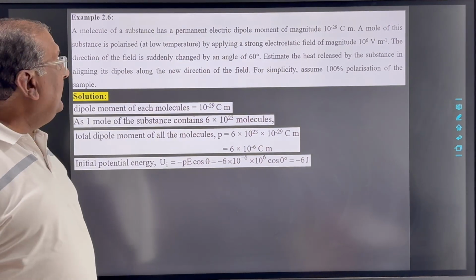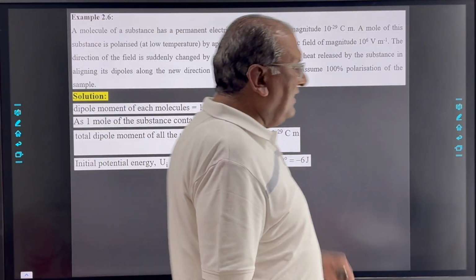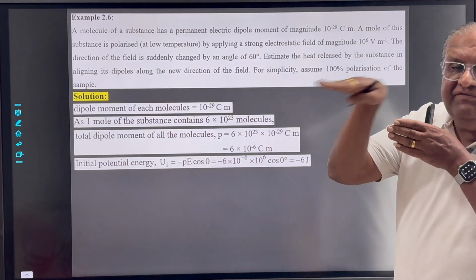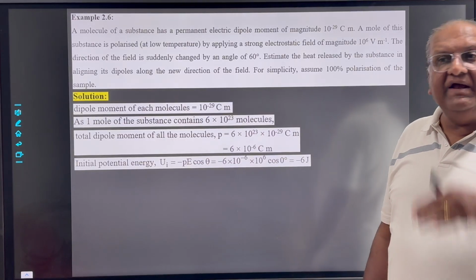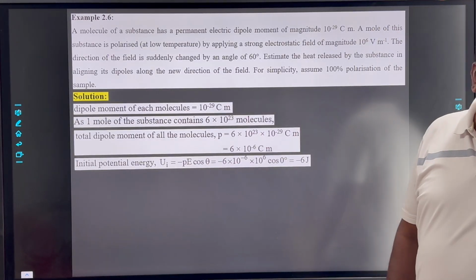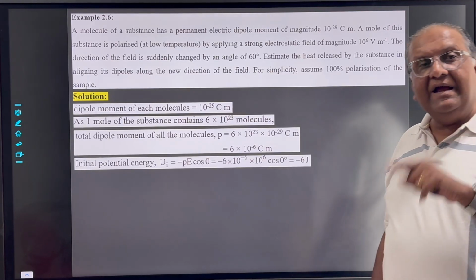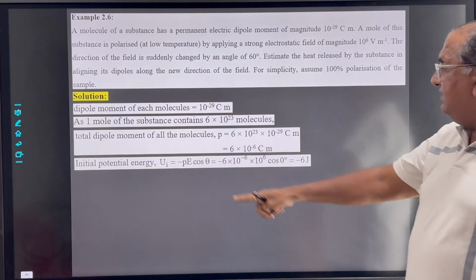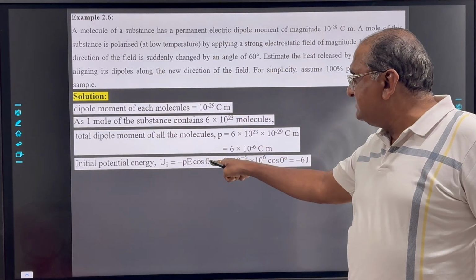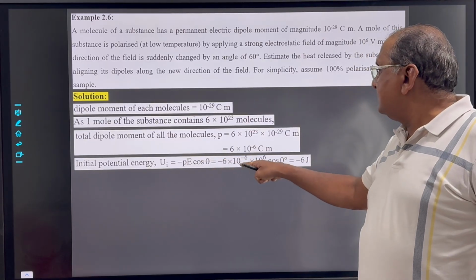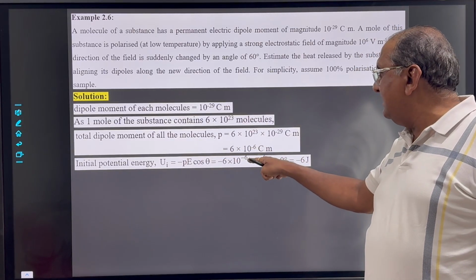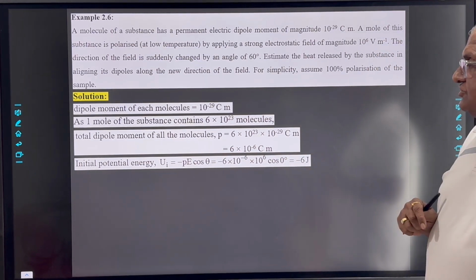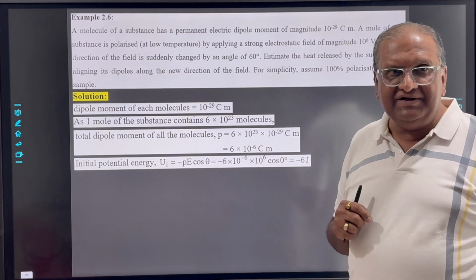Initially, these molecules are polarized, meaning they are aligned with the electric field, so the net dipole moment is along the electric field. So the angle between P and E, theta, is 0. Substituting P as 6 into 10 raised to minus 6, E as 10 raised to 6, and cos 0, this turns to minus 6 joule as the initial potential energy.